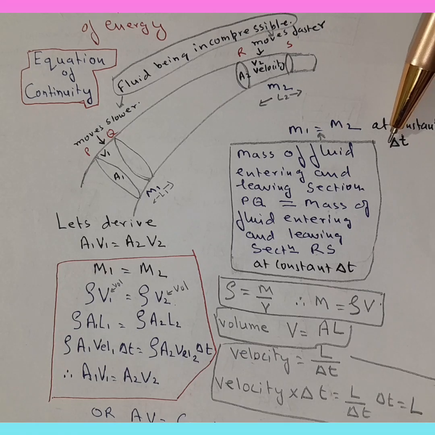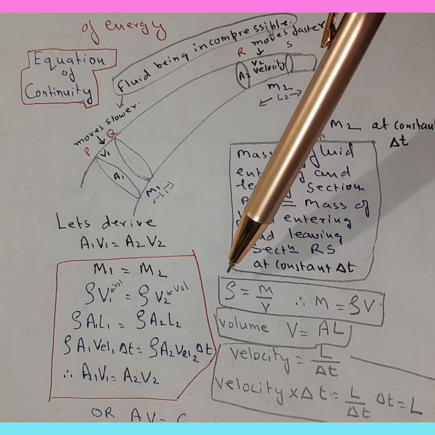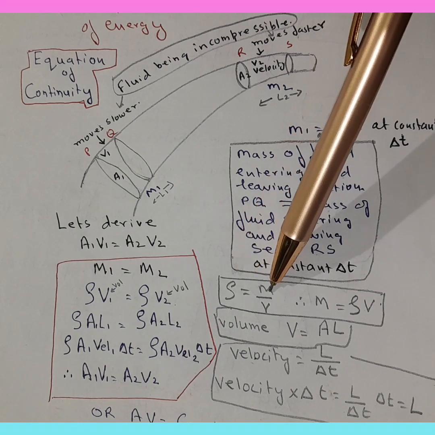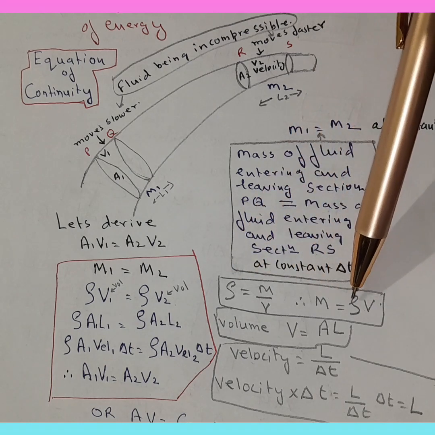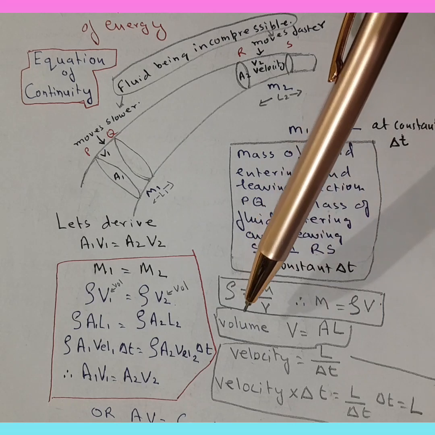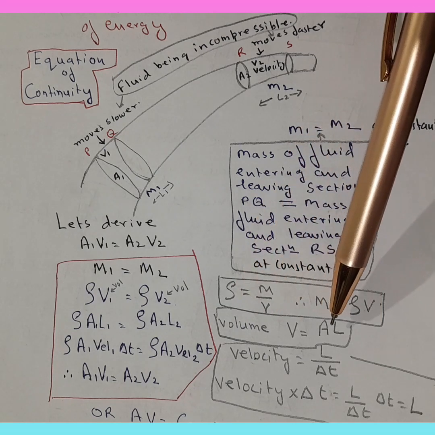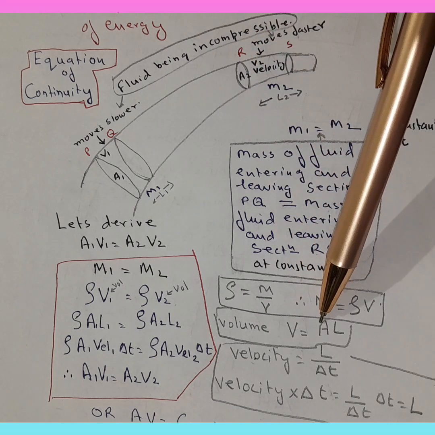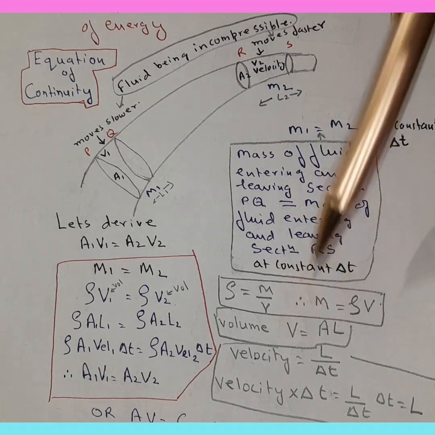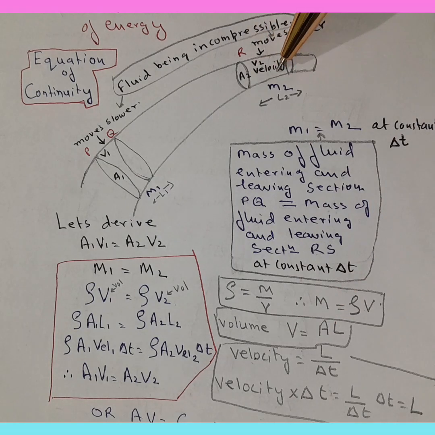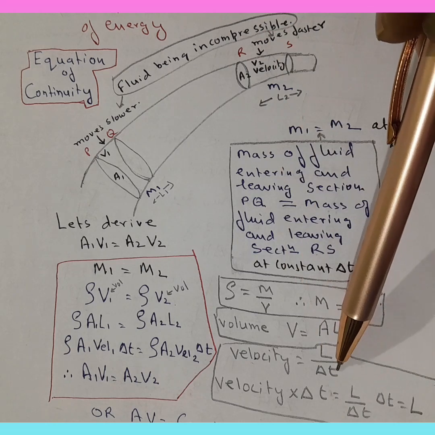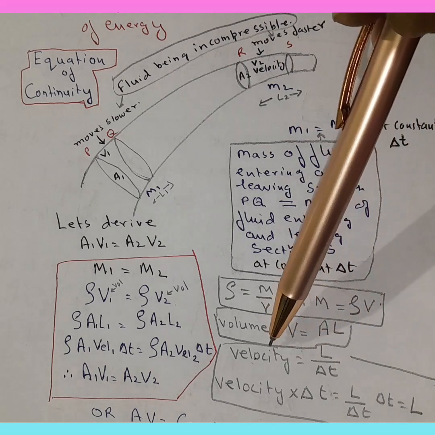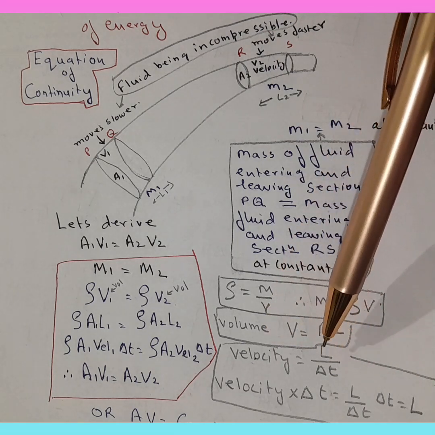All right. Now, few things that we know. Rho, that is density, is equal to mass over volume. So mass is equal to rho V, and volume is equal to A into L, that is area of cross section into length. And velocity is equal to L over delta T, distance over time.